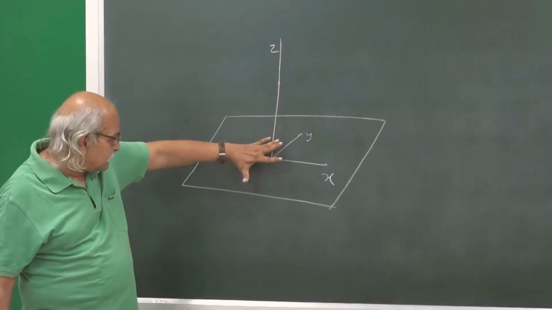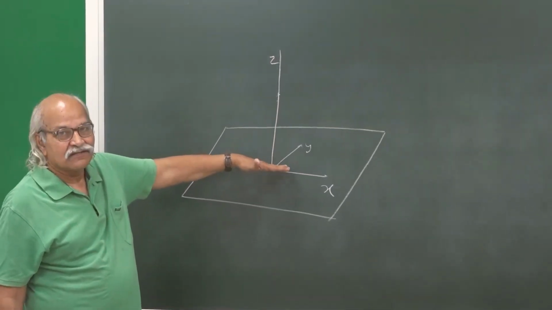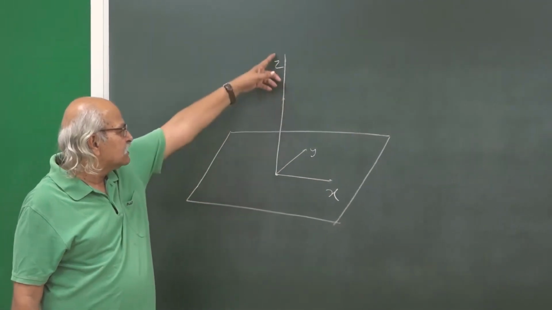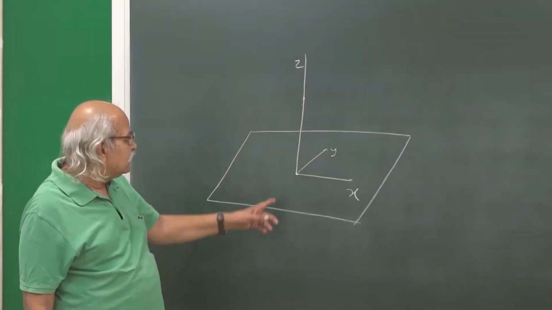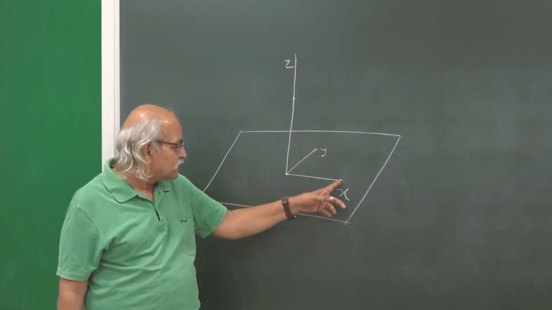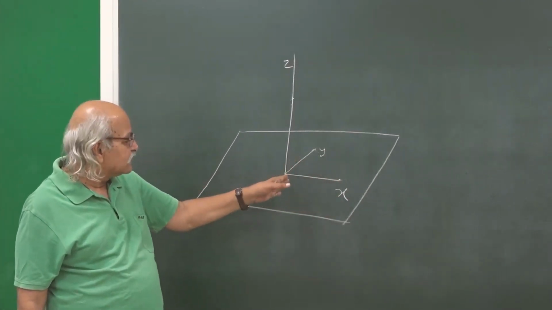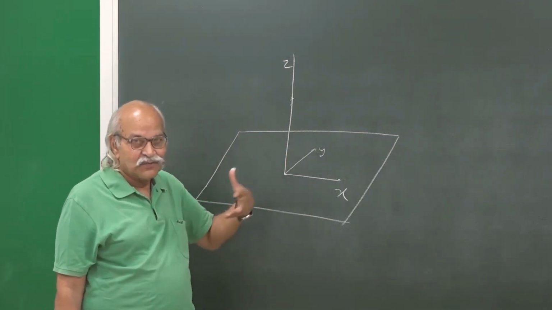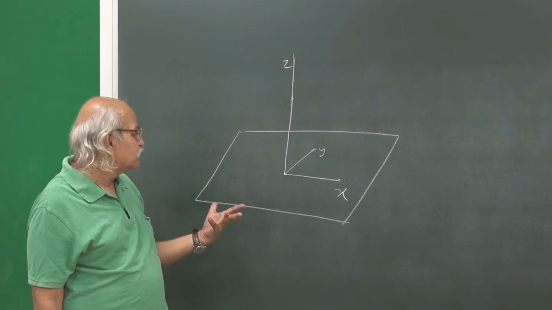It is in fact a plane which is horizontal here, perpendicular to the plane of the blackboard. The z axis is in the plane of the blackboard, the x axis is in the plane of the blackboard, but the y axis is going into the plane. So, try to visualize this plane.